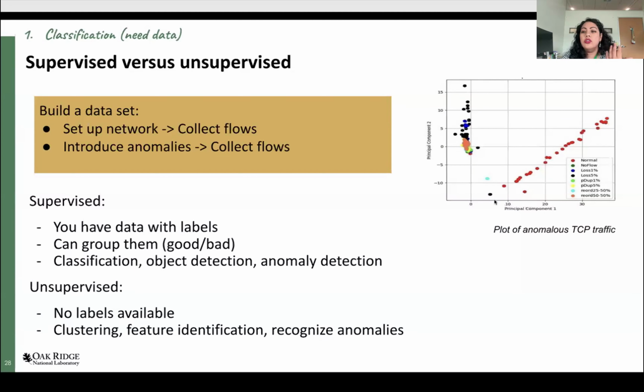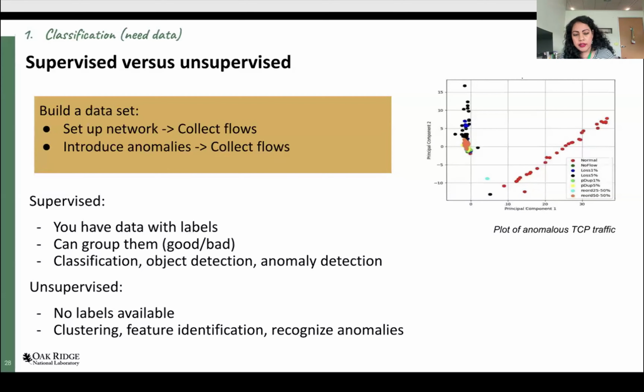And then I introduced loss and duplication and those kinds of situations on the network. Once I did a principal component analysis, kind of like just grouping the flows, I saw that all normal flows fell on one side of the graph and all abnormal flows fell on the other side. So this is how you could do classification or group identification by having a labeled data set.